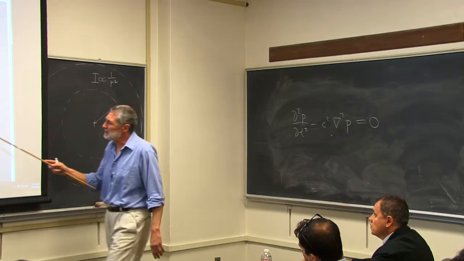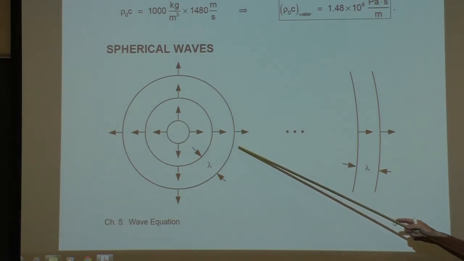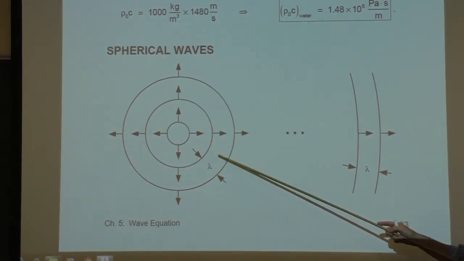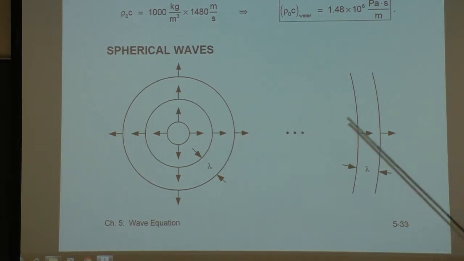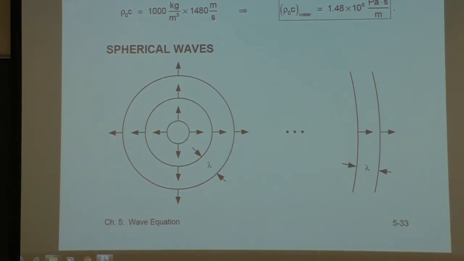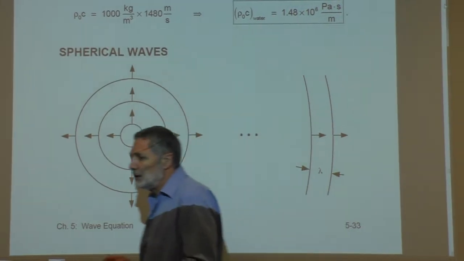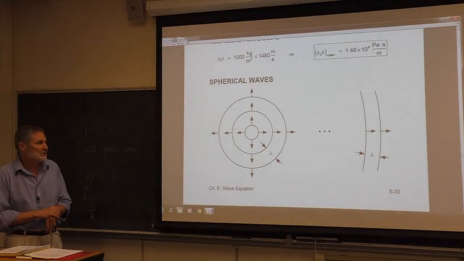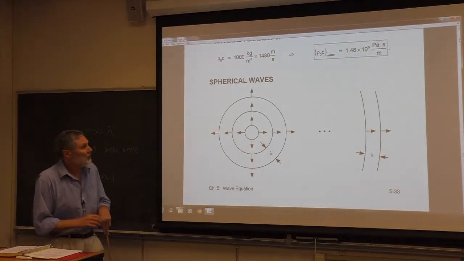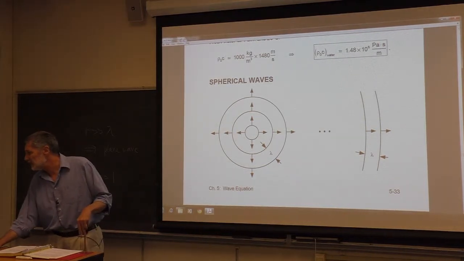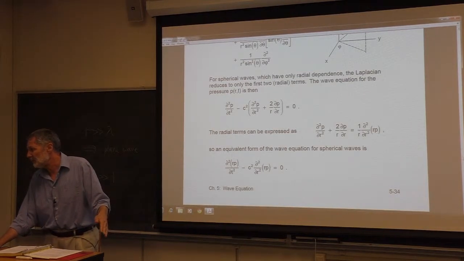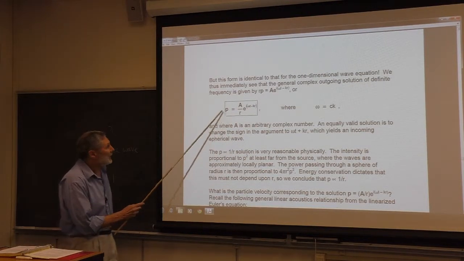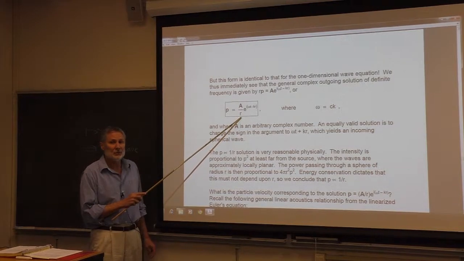Now, we can't really extend the argument down here yet because we don't know the relationship between the pressure and the intensity here. We just know it for a plane wave. But that's one of the main things that we're headed for in this lecture, all right? So anyway, at least far from the source, it's very reasonable. And in fact, it has to be. Far from the source, we have to have the pressure falling off as 1 over r.